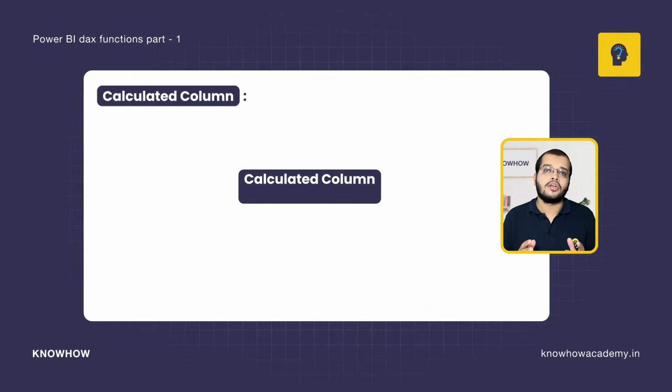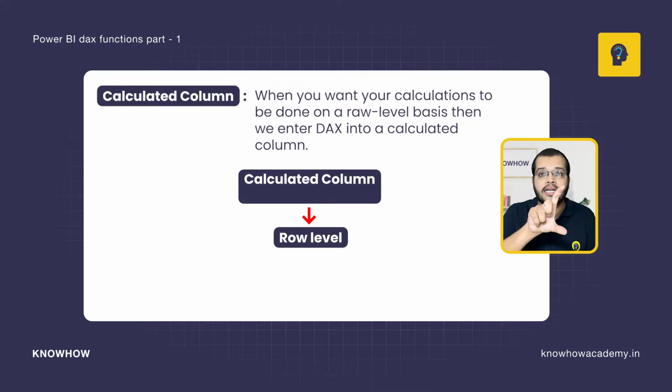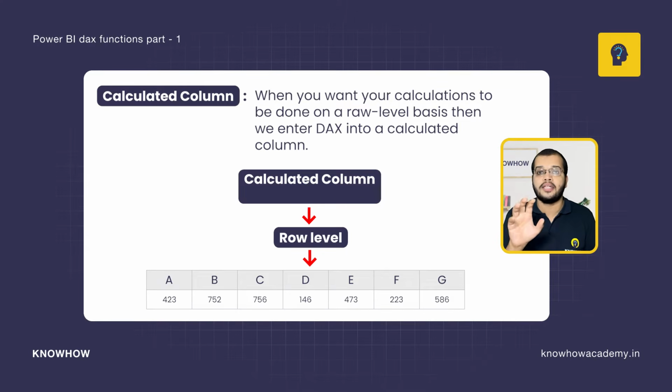A calculated column calculates on a row level basis. In the name itself we have calculated column. We are calculating a column. So when we calculate a column, it will be physically present in the data set.